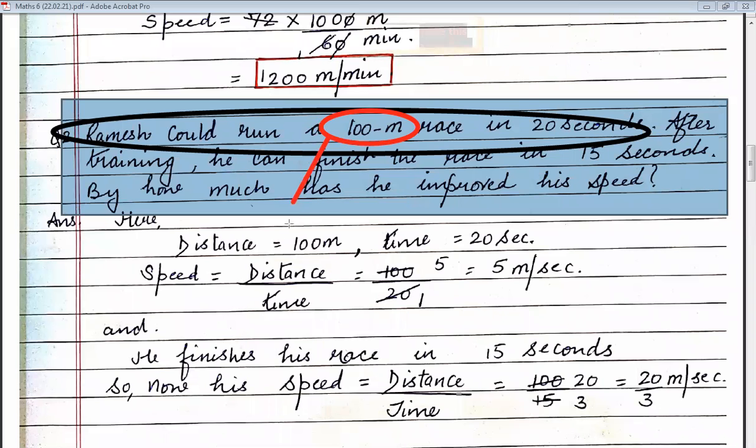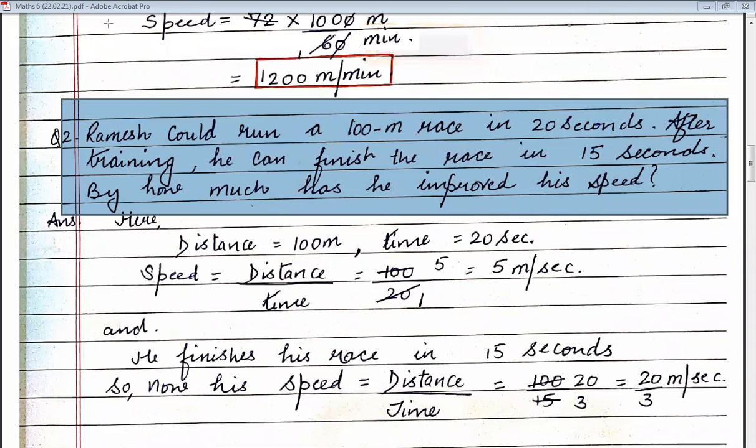It is your distance. And next, what is given to you? 20 seconds. So what is your 20 seconds here? Your 20 seconds is your time. So now children, you know your distance, you know your time. So can you find the speed?